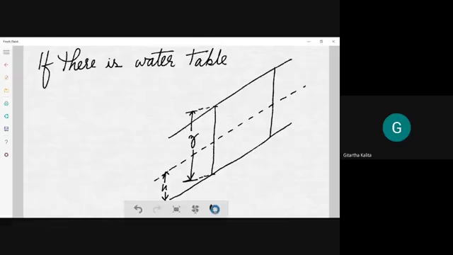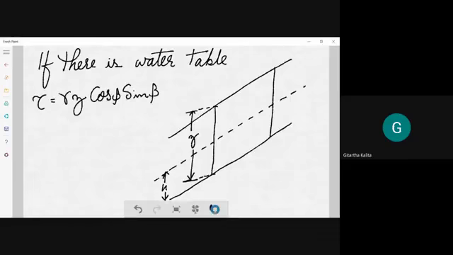So in that case, the applied force is the same. Tau is equal to gamma Z cos beta sin beta.